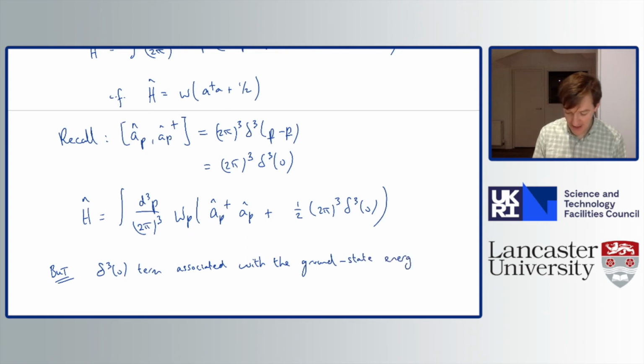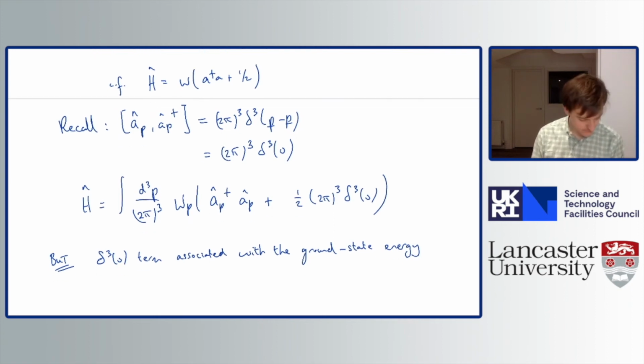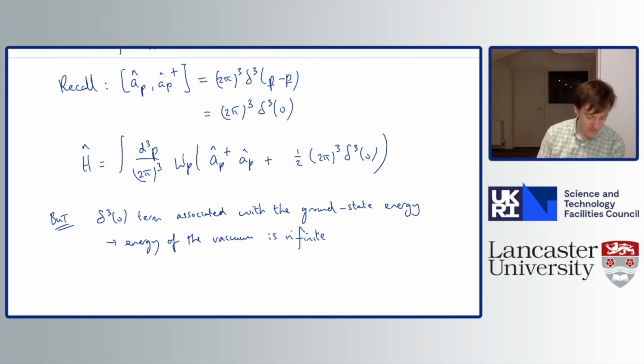Here, it's not a half, it's a half times an infinite number. So this is telling us that the energy of the vacuum is not finite, so it's infinite. Which is a bit odd.